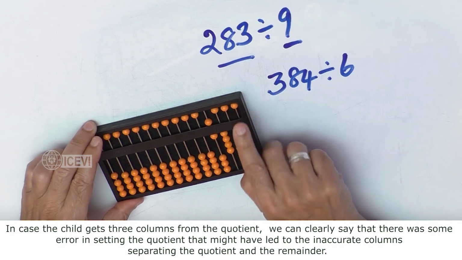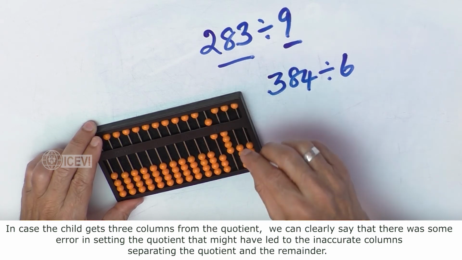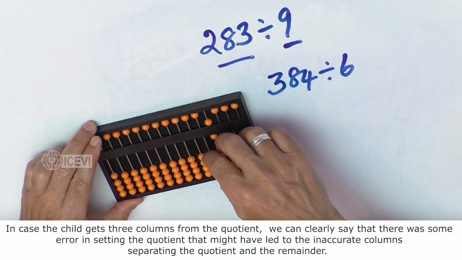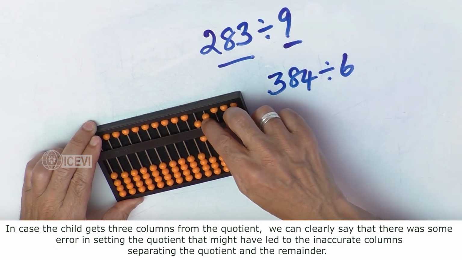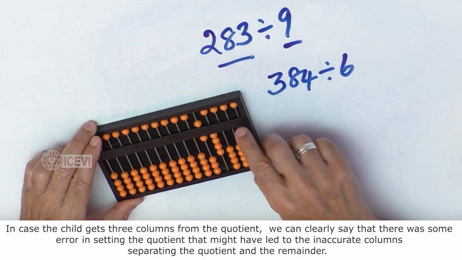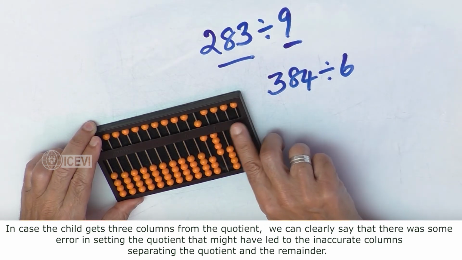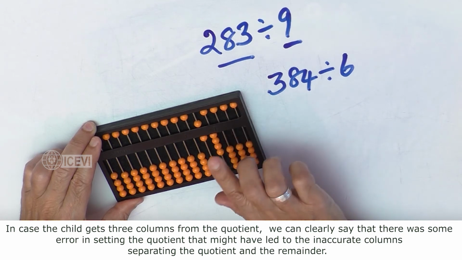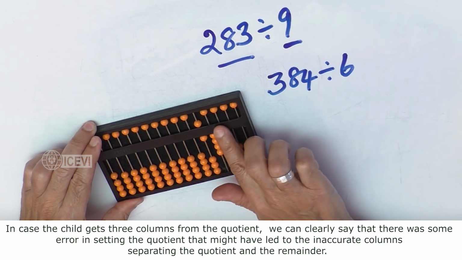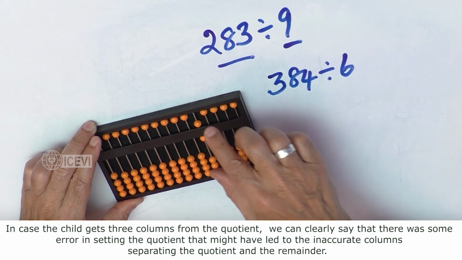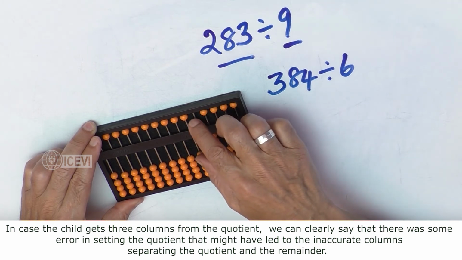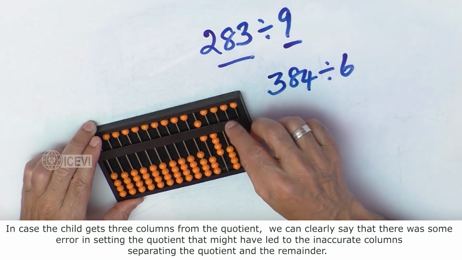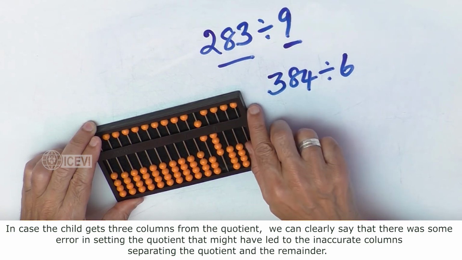Suppose the child gets 3 columns to the right of the quotient 64, we can clearly say that there was some error in setting the quotient that might have led to the inaccurate columns separating the quotient and the remainder.